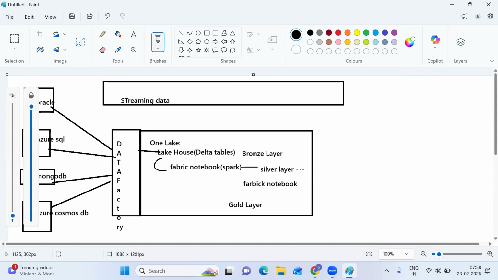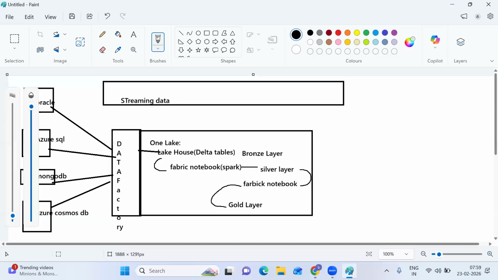So here again, silver to Fabric notebook to again gold. Of course, within a single notebook only you can process all the layers. So where Fabric notebooks are coming into the picture is this one.